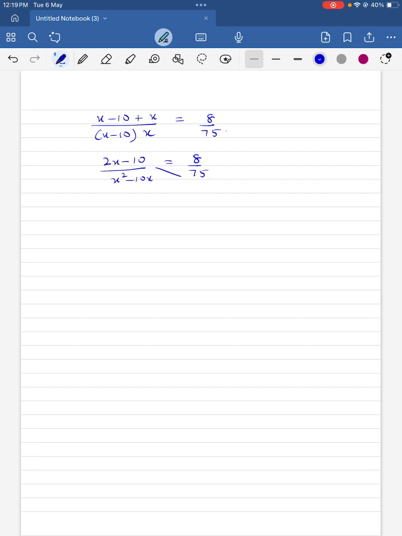Now let me cross multiply. So I would have 75 times (2x minus 10) is equal to 8 times (x squared minus 10x). That is 150x minus 750 is equal to 8x squared minus 80x. Now let me bring all the terms to one side.